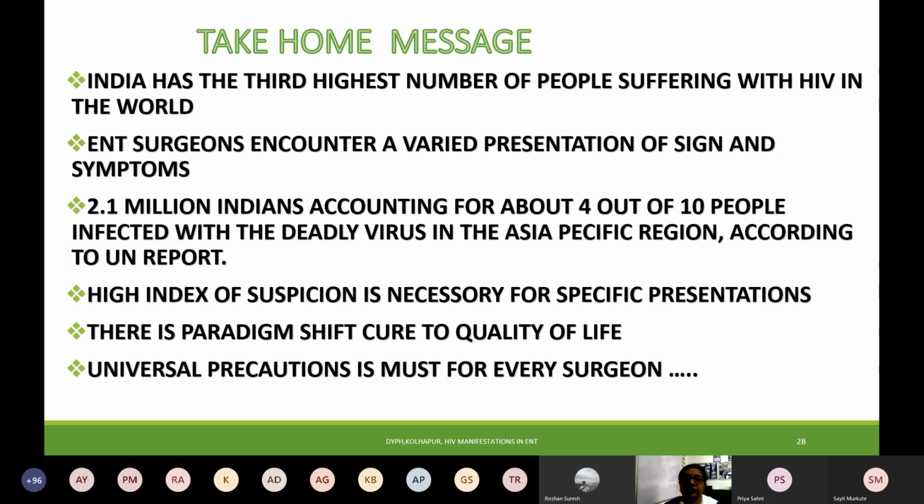A high index of suspicion is necessary for specific presentations. There is a paradigm shift to quality of life. Universal precaution is a must for every surgeon, and all health workers should take proper precautions when handling HIV.